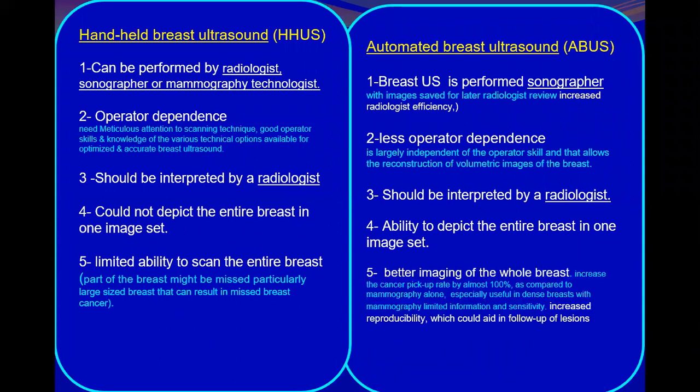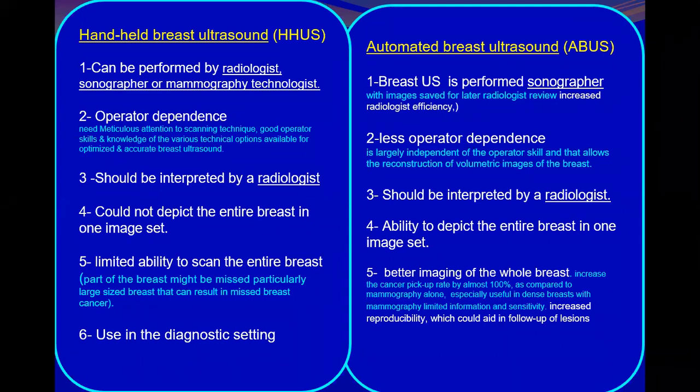The automated breast ultrasound gives better imaging of the whole breast and increases the efficiency of cancer detection by almost 100% as compared to mammography alone, and increases reproducibility, which could aid in follow-up of lesions.